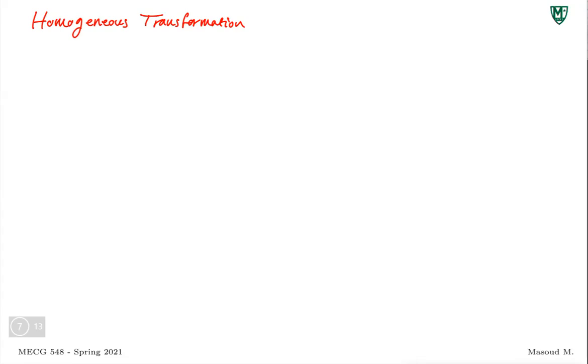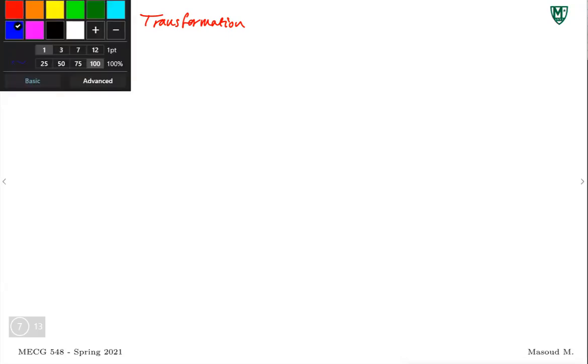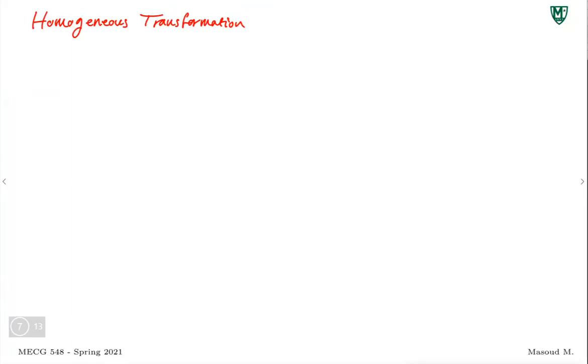But what we care about is that we want to just condense the rotation and transformation when we have both rotation and transformation, so we can write it simply. I'll just give you the final procedure.